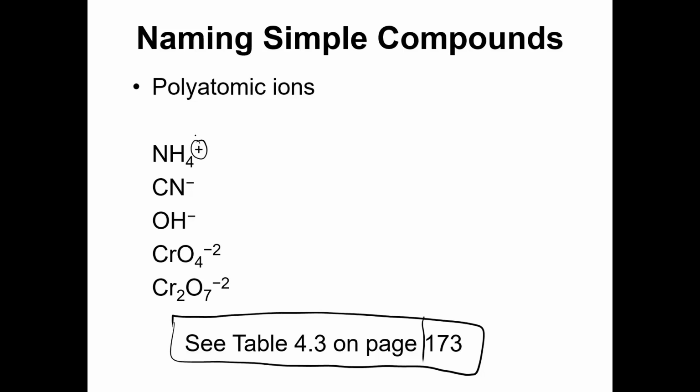So this is ammonium. And again, these are covalent compounds that all have a charge. So if you see a covalent compound with a charge on it, it's going to be a polyatomic ion. And all of these can form ionic compounds with other metals, okay?